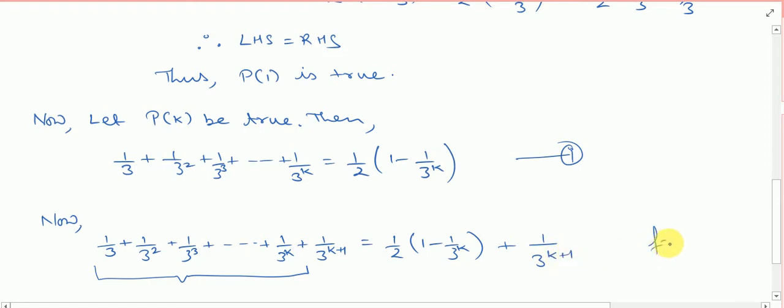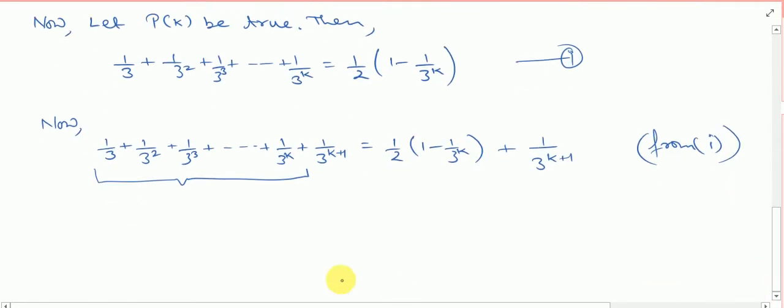So here you can write from 1. Next we can open this bracket, so we'll get 1/2 − 1/2 into 1/3^k, and here this 3^(k+1) can be written as 3^k into 3.